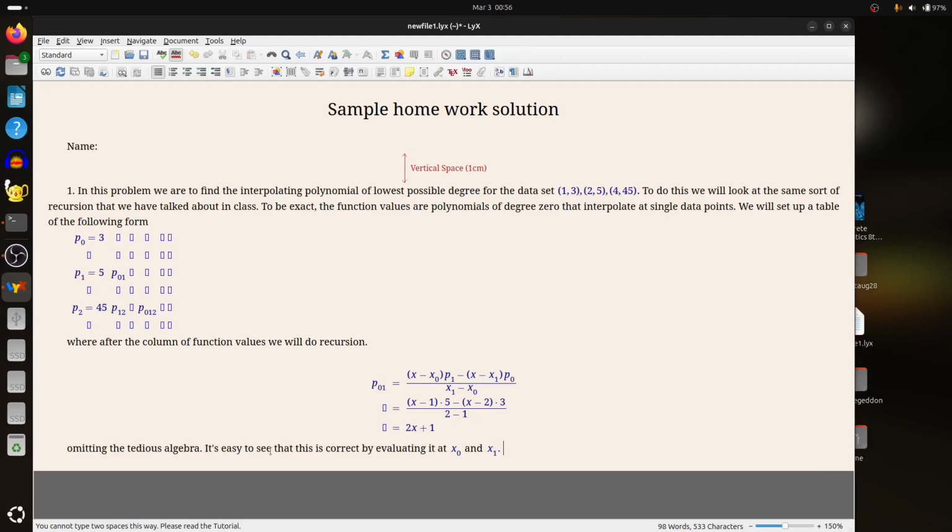I'm being a little bit lazy there. I should probably have shown the evaluation, but I'm going to assume we can all do college algebra, so that's really not an issue.